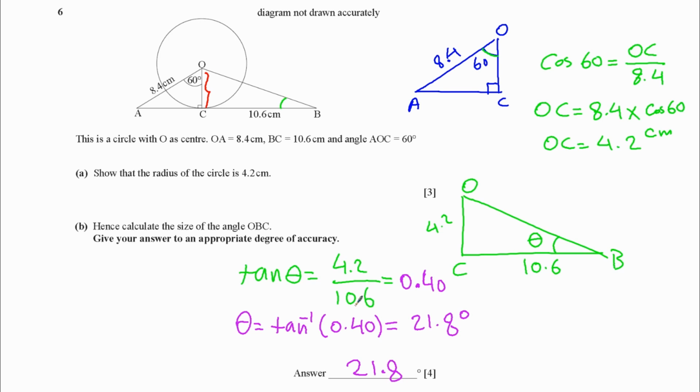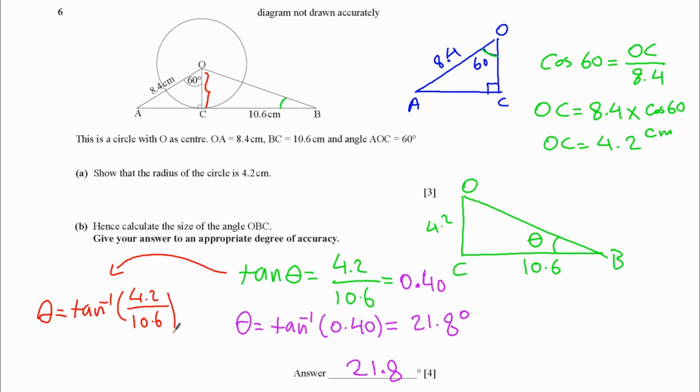So as a second method, I can write theta equals tan minus 1 of 4.2 divided by 10.6. By doing this, when I do the tan minus 1, I am considering all of the digits, at least as many as your calculator considers.